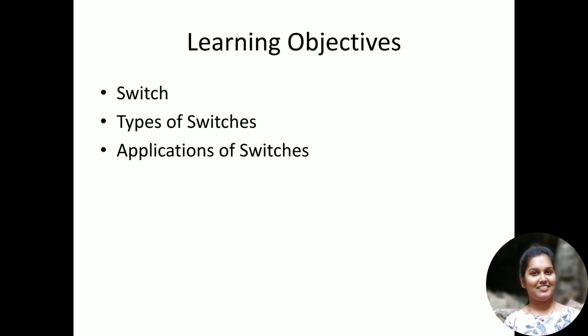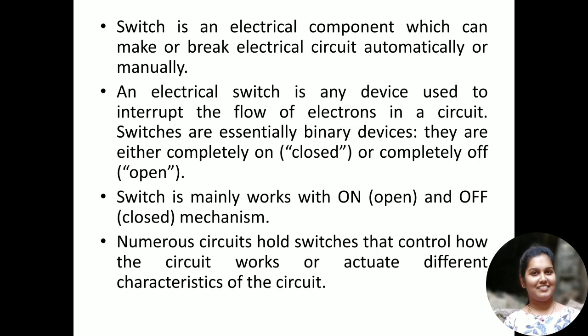In either way we can define a switch, as a device that interrupts the flow of electrons in a circuit, or which is used to make or break an electrical circuit. So this is the most commonly used definition for a switch, that is, a switch is a component which makes or breaks an electrical circuit.